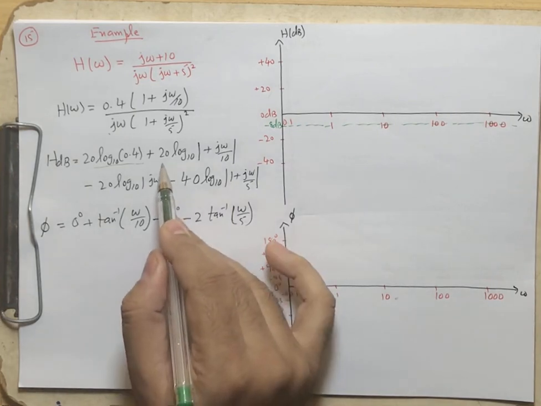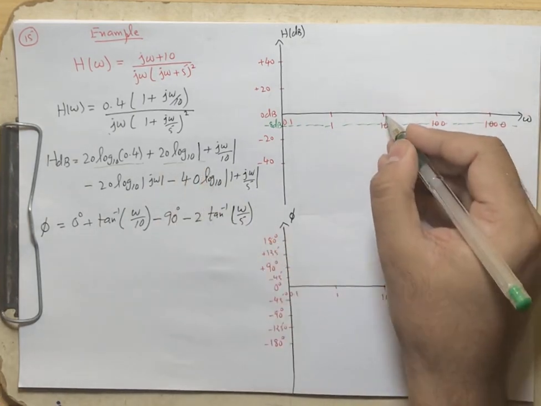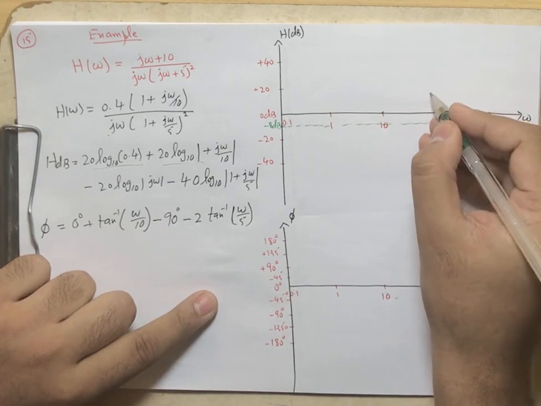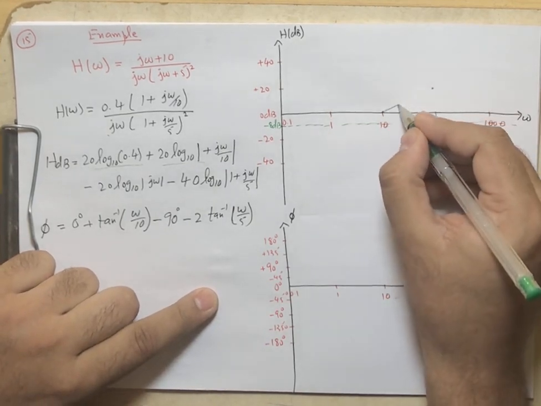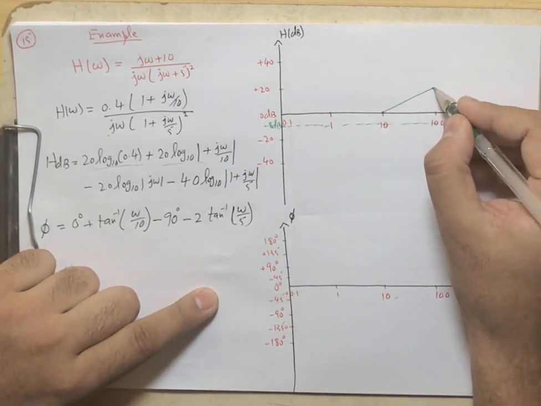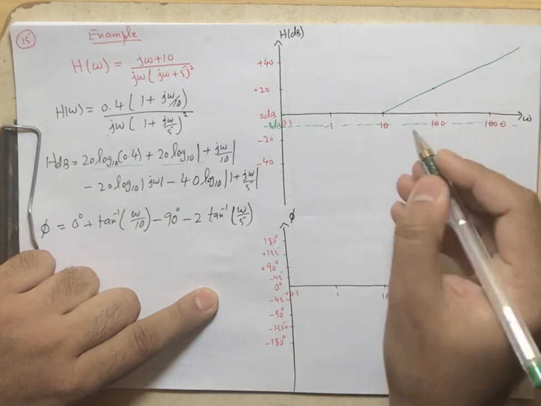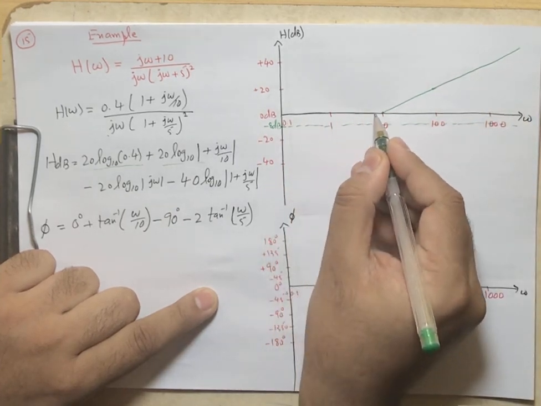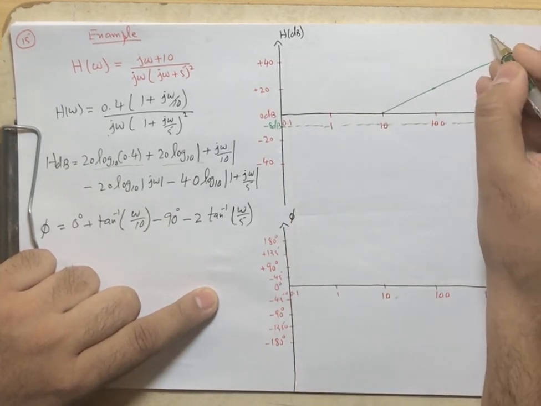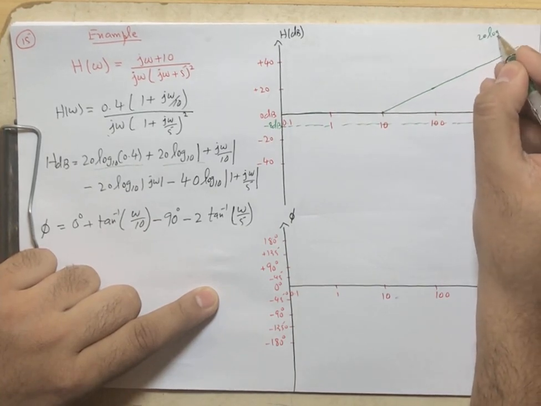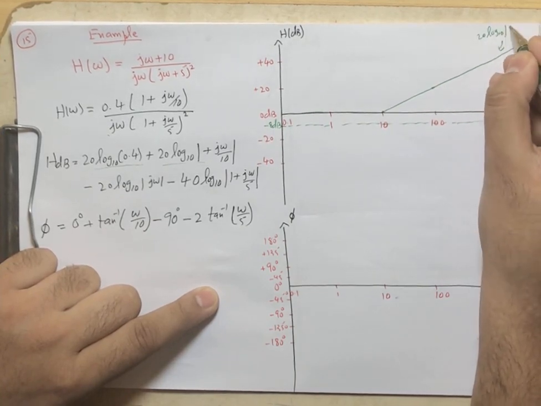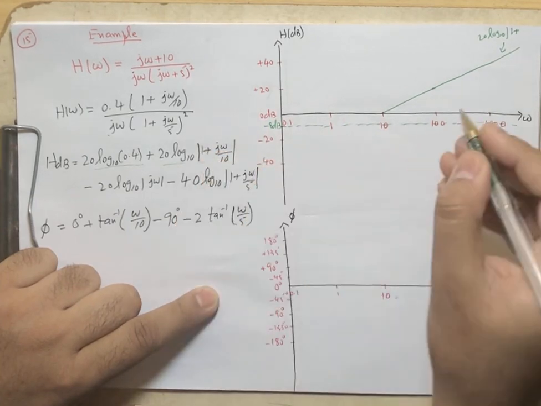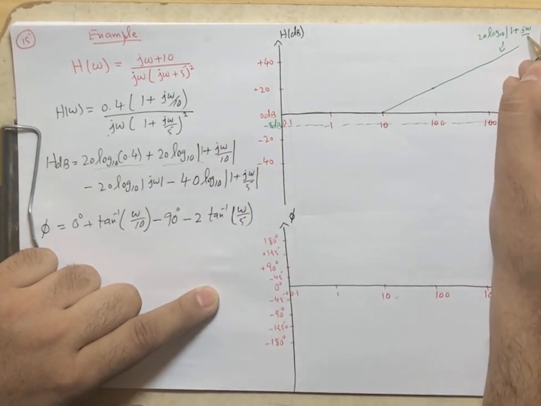Then you have a zero at 10, so from 10 to 20 you have a 20 dB increase, and so on and so forth, and before that it will remain at 0. So this is 20 log 10 of 1 plus j omega by 10.